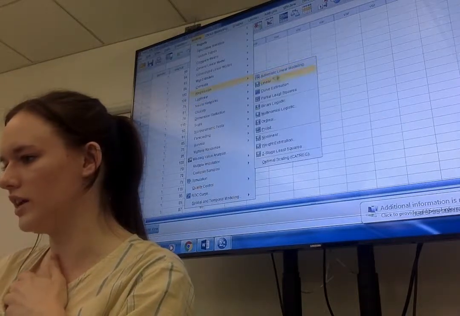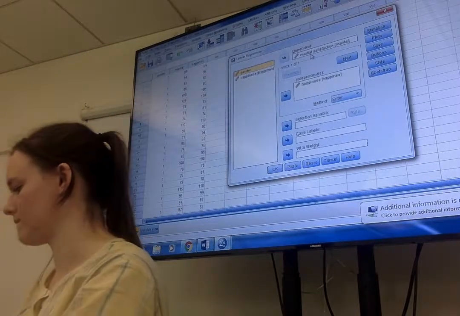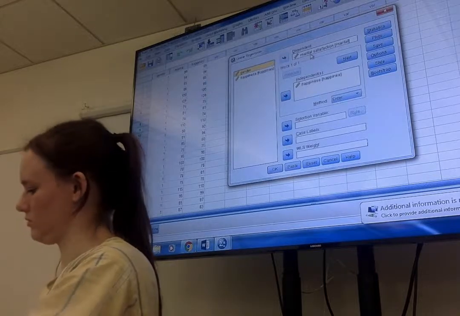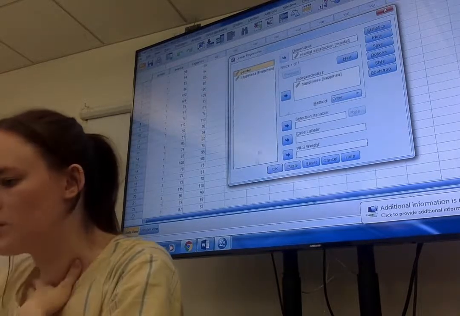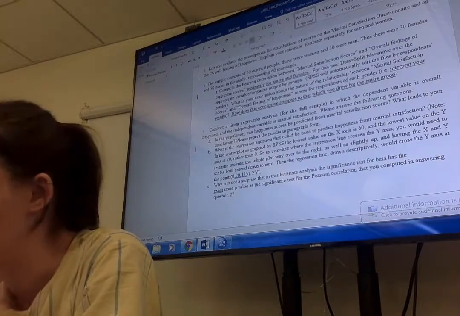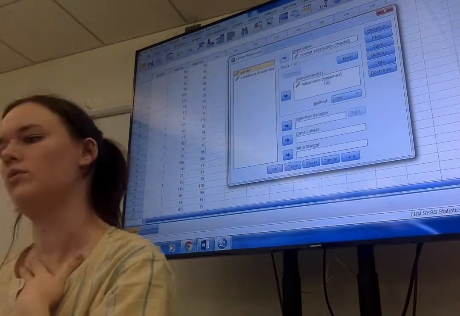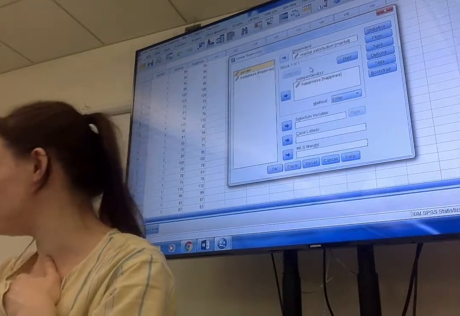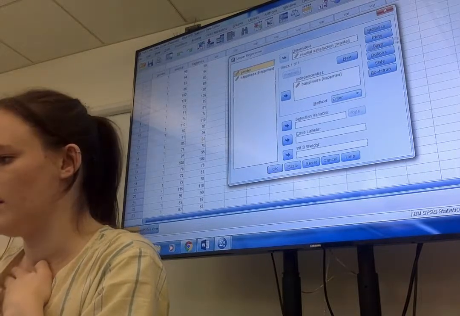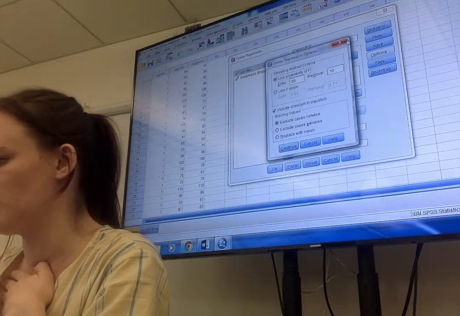So regression linear, and then, which one is our IV and which one is our DV? Happiness is IV. Okay, cool. So I have that in there. And we already did the plots, so they should be ready for us. And we shouldn't have to change anything else.